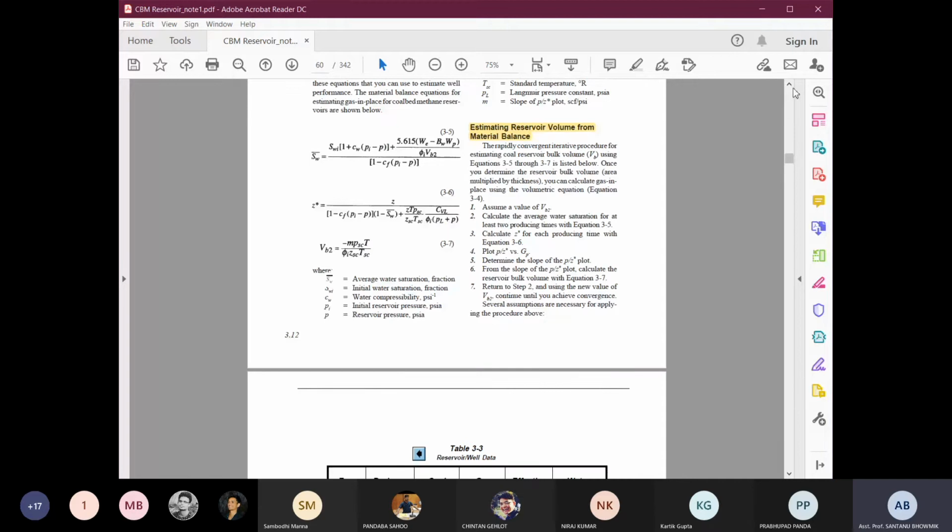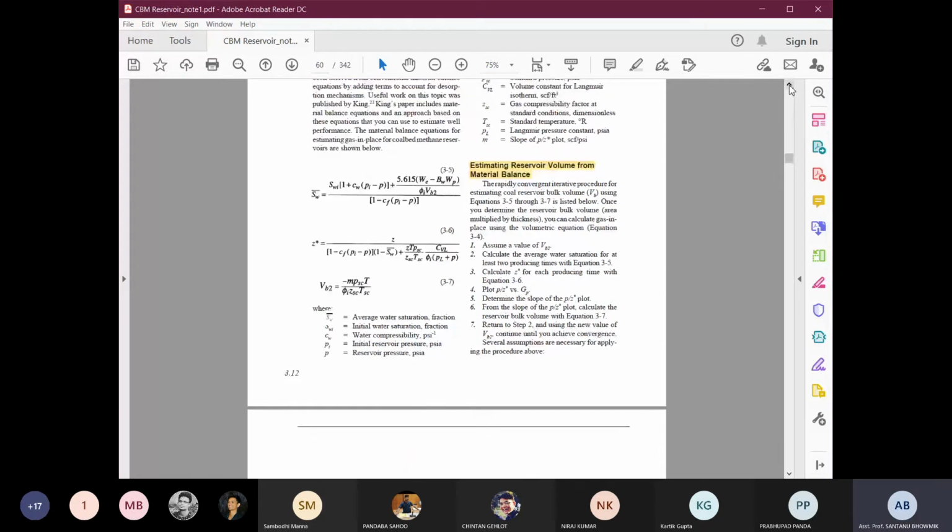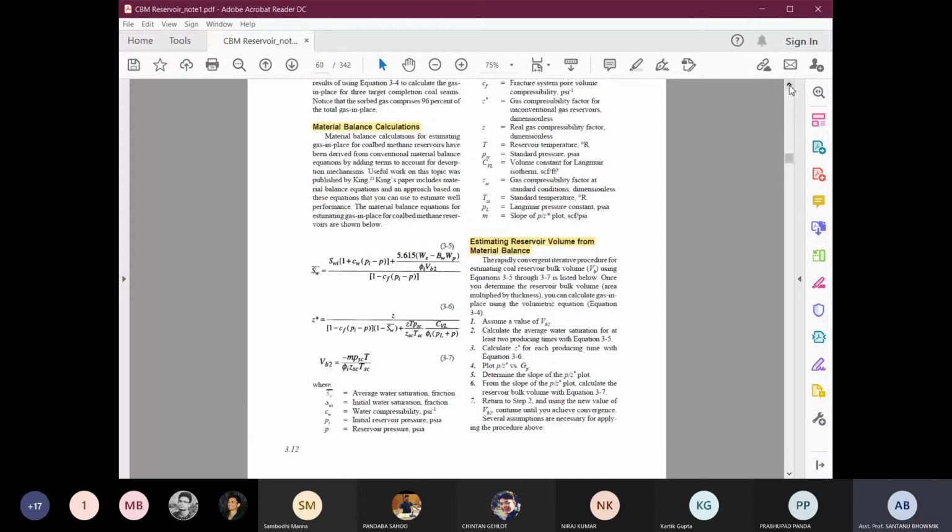The next concept is the material balance calculation. The material balance calculation is given by a scientist, a researcher, King.